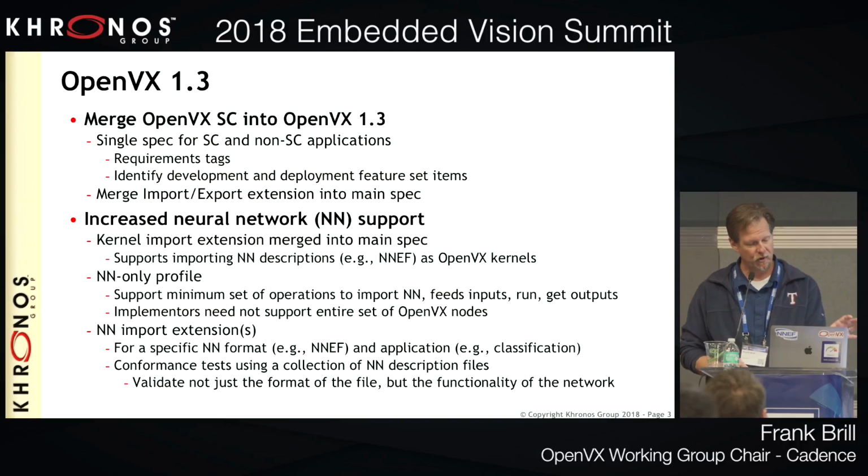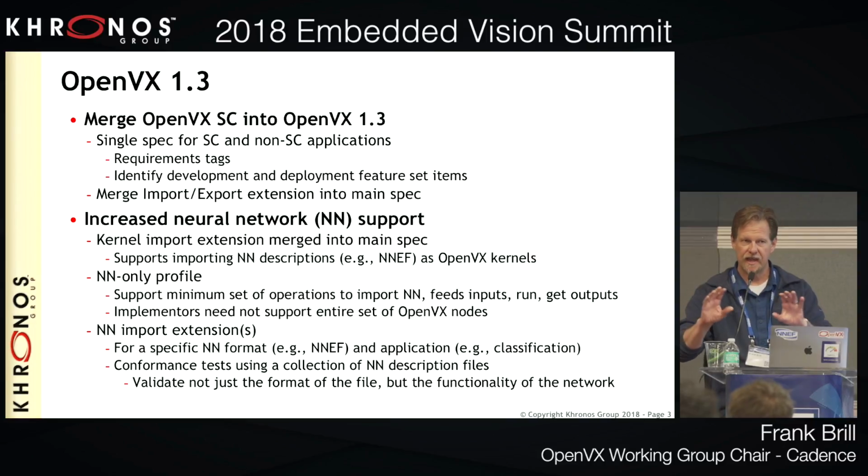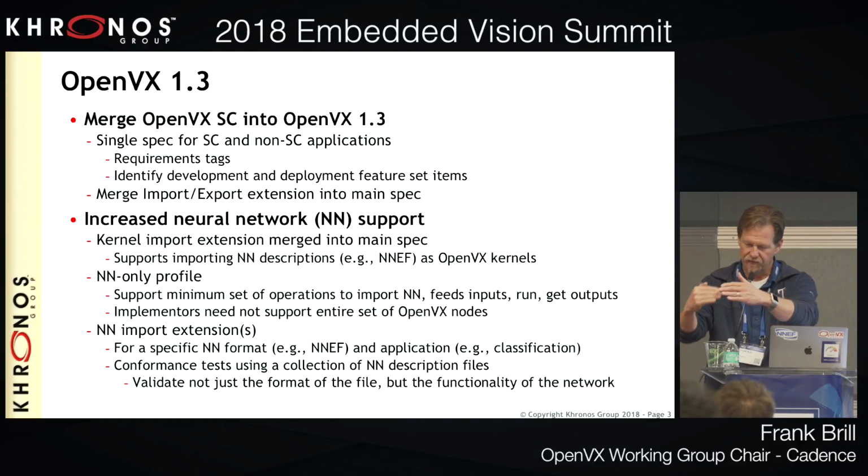So the NN only profile would be a subset of all the functions we have today, where one of the main ones is import. But once you import something, as we said earlier today, the NNEF spec is just a file format. It just says you're able to import it, and that what you have has been checked for correct syntax.